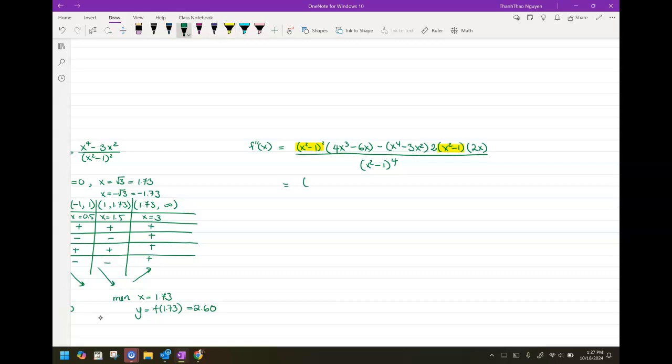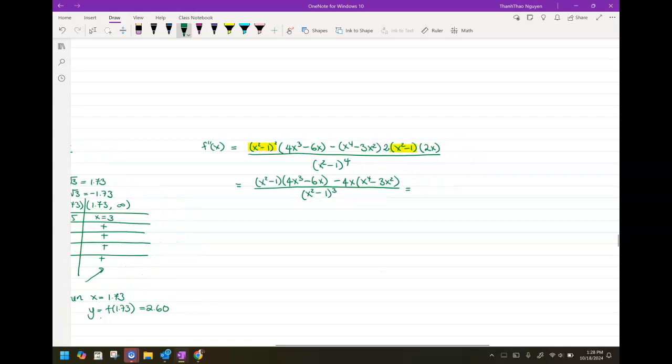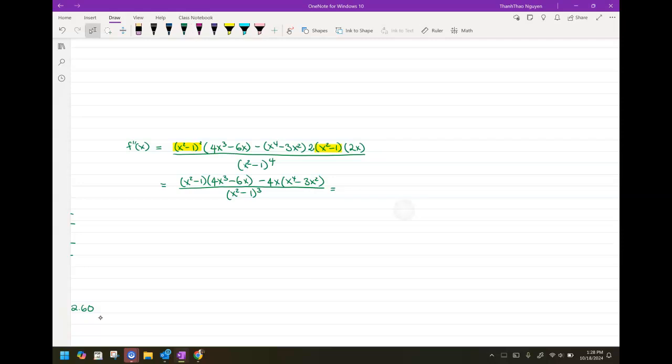I'm left with x squared minus 1 times 4x to the third minus 6x minus 4x times x to the 4 minus 3x squared divided by x squared minus 1 to the third. Expand the numerator, combine like terms, we get 2x to the third plus 6x divided by x squared minus 1 to the third.